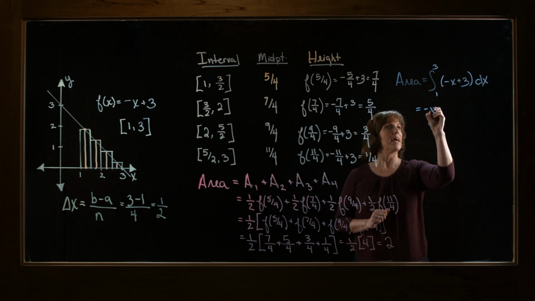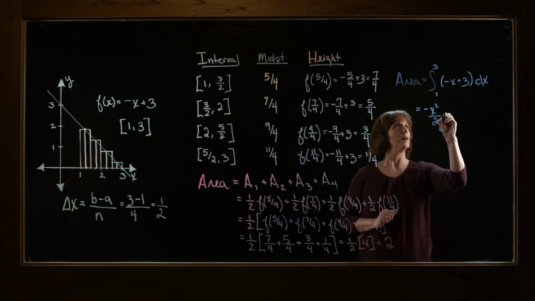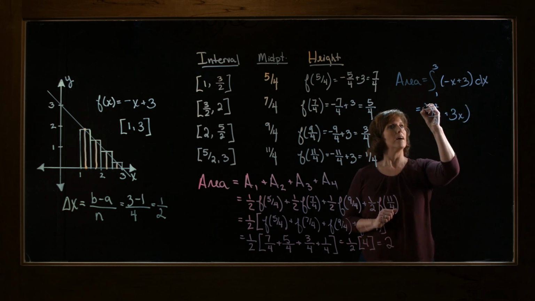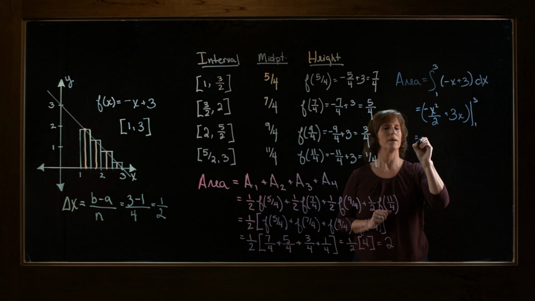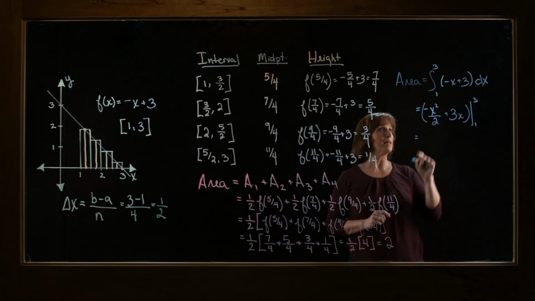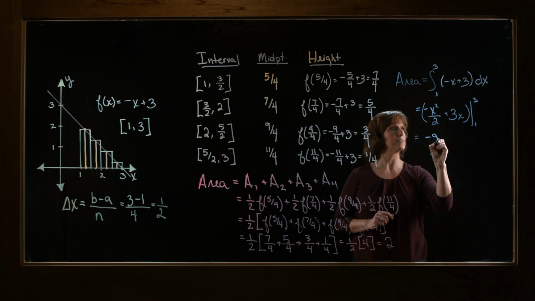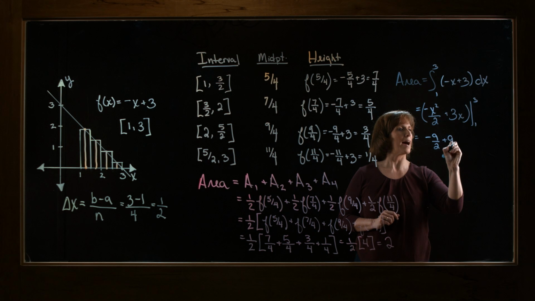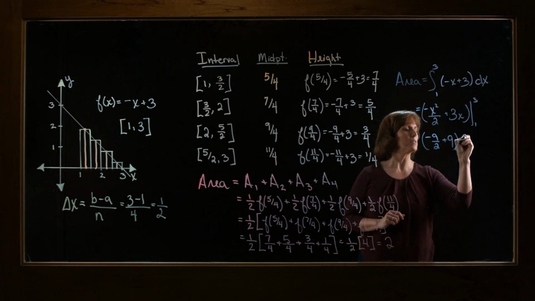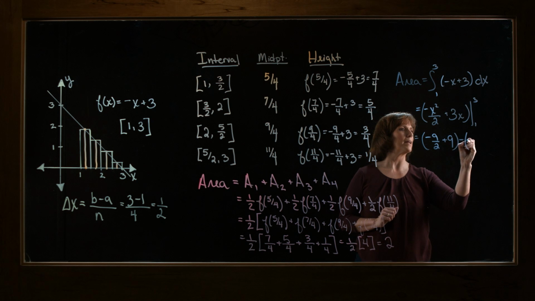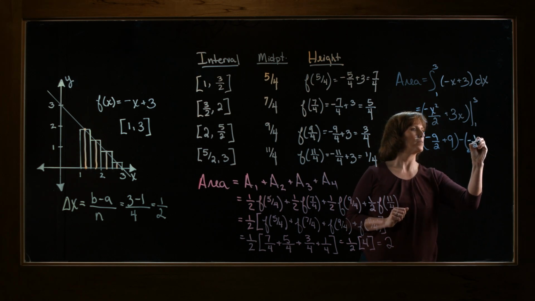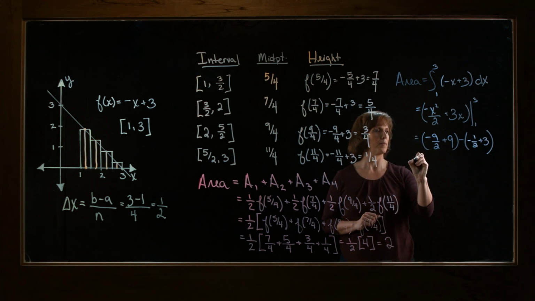Integrating, I have minus x squared divided by 2 plus 3x, evaluated from 1 to 3. Plugging in my upper limit, I'll have minus 9/2 plus 9. And then I have to subtract what happens when I plug in my lower limit. When I plug in my lower limit, I'll have minus 1/2 plus 3.